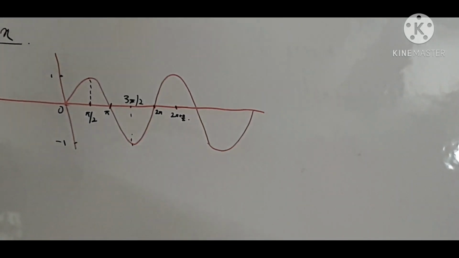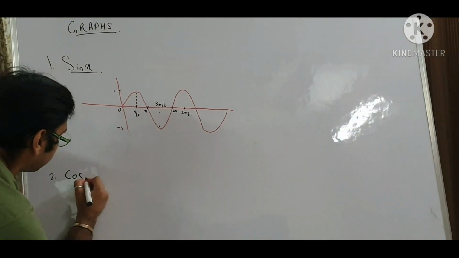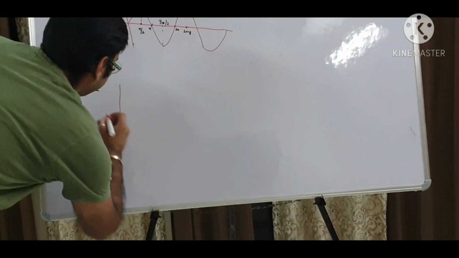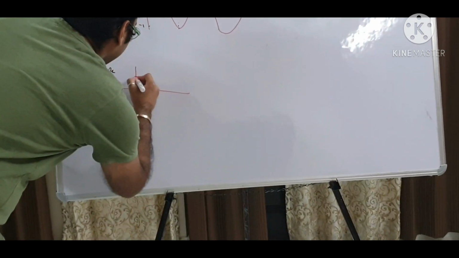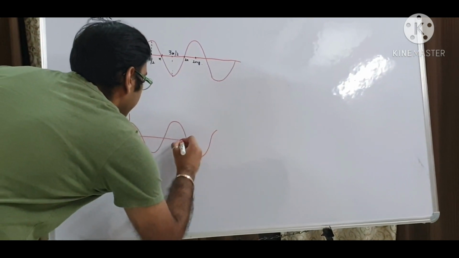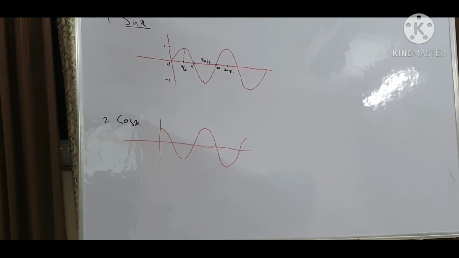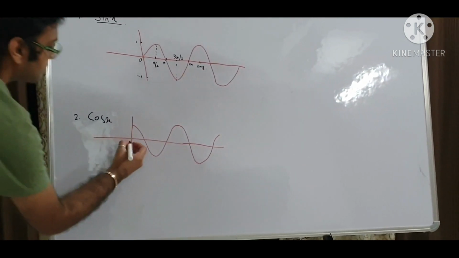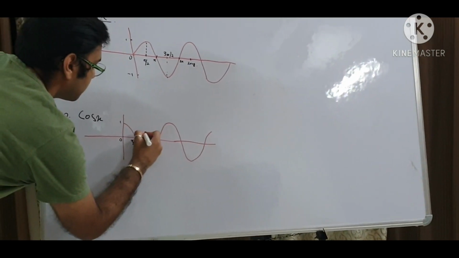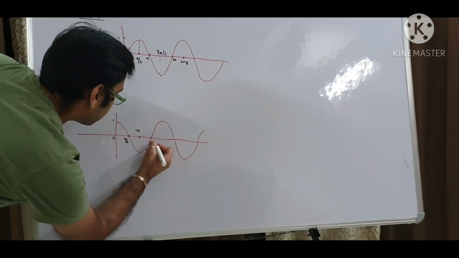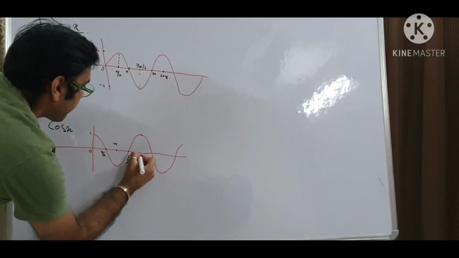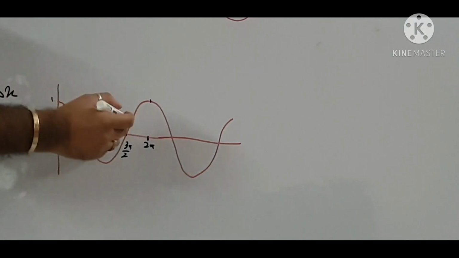Now cos x. Cos x looks the same. See, from 0 to 2 pi.